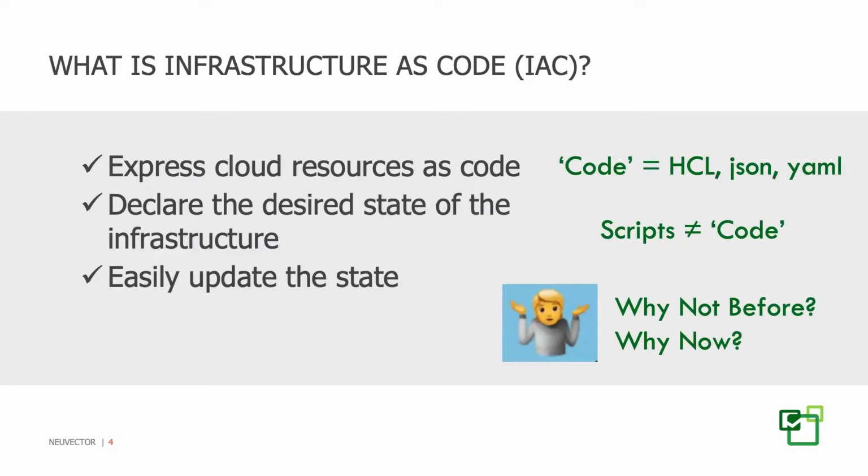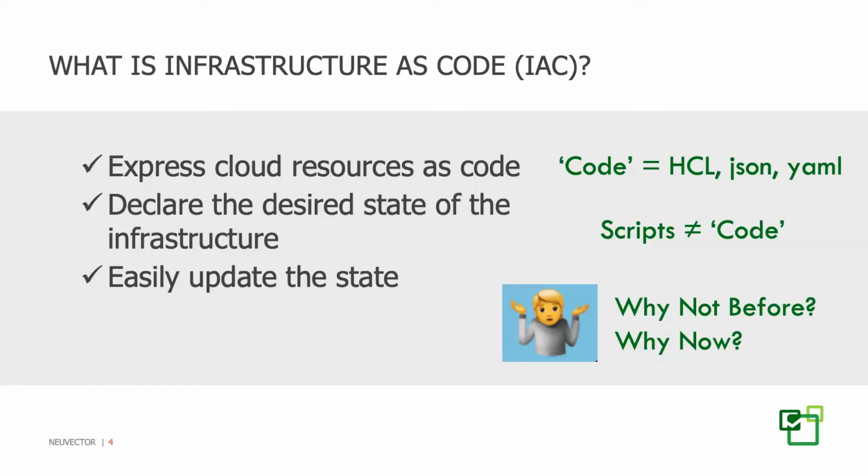Now, let's take a look at some of these terms, especially the term code, right? We're talking about infrastructure as code. What is code? Well, we're not talking about Java code or Go code.